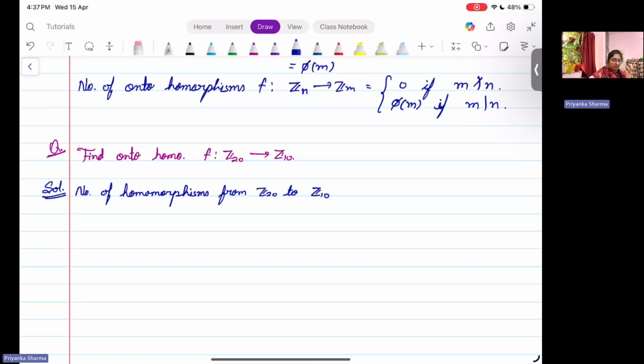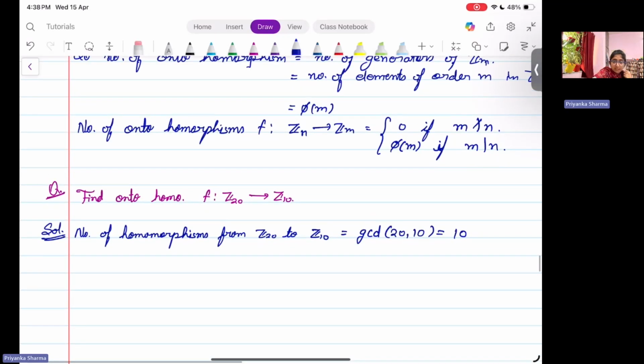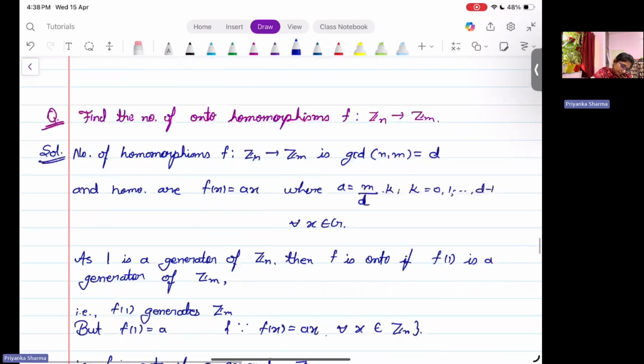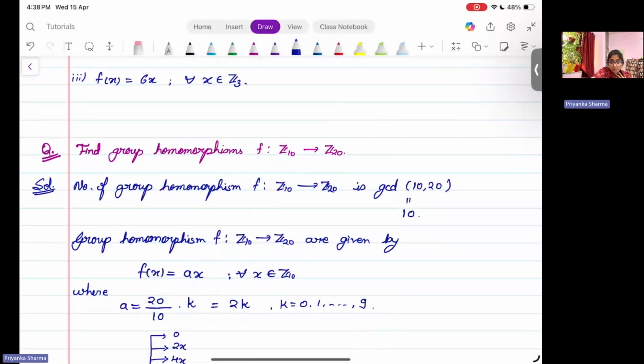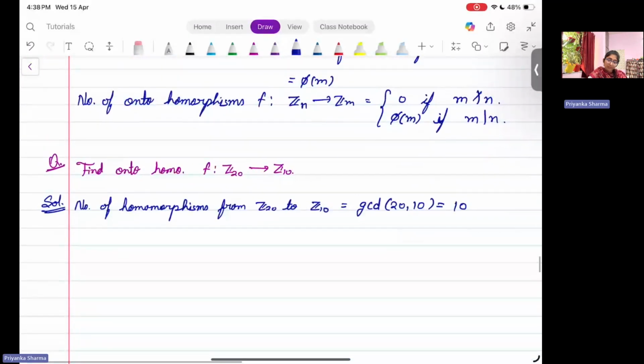That is GCD of 20 and 10, which is 10. And they are not the same. Here we are considering homomorphisms from Z20 to Z10, and earlier we took homomorphisms from Z10 to Z20. They have the same number of homomorphisms, but the homomorphisms are different because the groups are different. Here, the domain group there is the codomain group in this question.